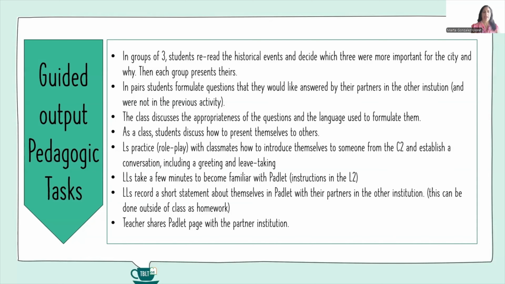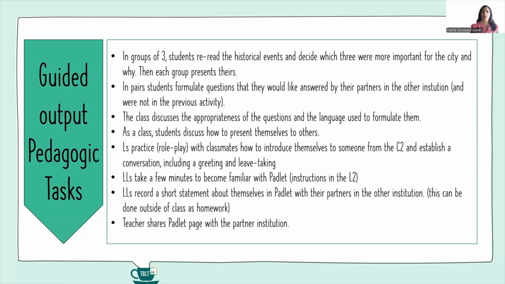As a class, students discuss how to present themselves to others, so doing self-presentations, and they can practice, do some role plays with classmates of how to introduce themselves to someone from the target culture, and also how we can establish conversation, including greetings and leave takings that they have done in previous tasks.